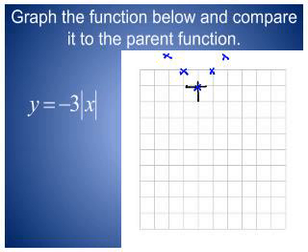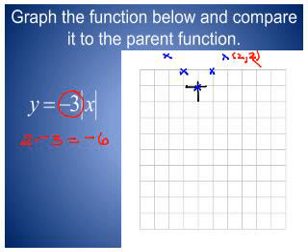So again, this point is at 2, 2. I'm going to take the y value, because that's my distance above the x-axis, and I'm going to multiply that times this -3. So I've got 2 times -3 gives me a -6.